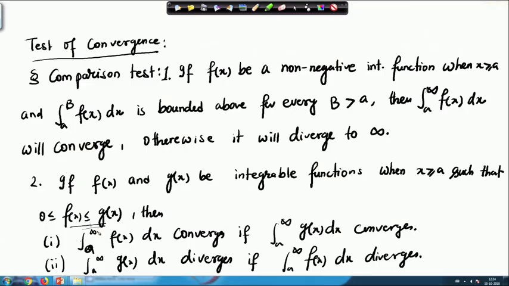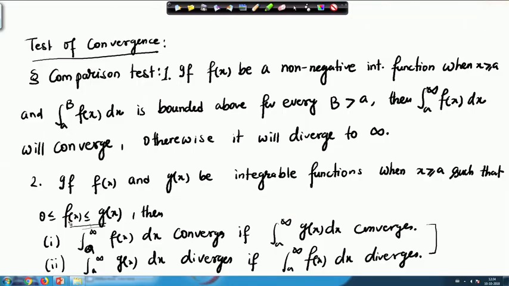And if the integral of f(x) is divergent, then the integral of g(x) is also divergent. So these are the two comparison tests in a way, where you compare the integral of f(x) with the integral of g(x) in this fashion.